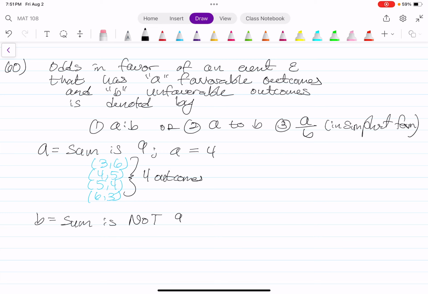Think about it. There are 36 possible outcomes. 4 of those outcomes gave you the sum of 9. So the remaining outcomes are a sum that is not 9. So to find B, that's going to be the 36 possible outcomes minus the 4 outcomes that gave us the sum of 9. That equals 32 outcomes such that the sum is not 9.